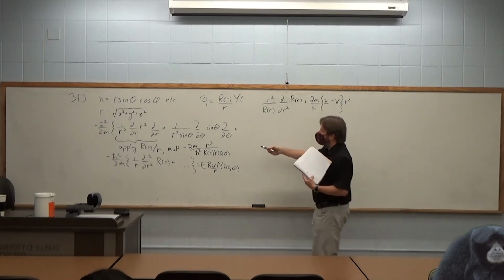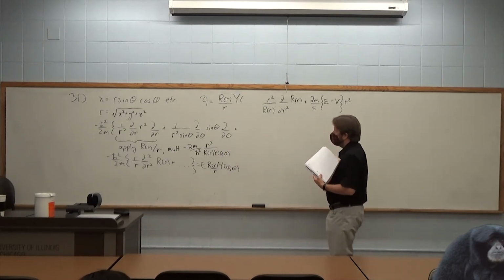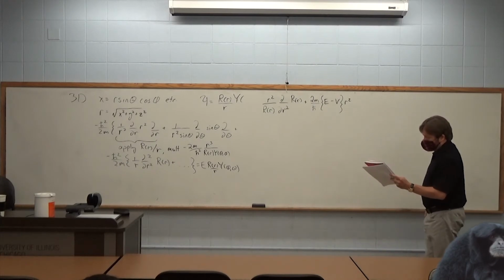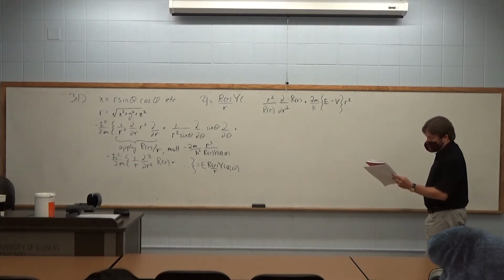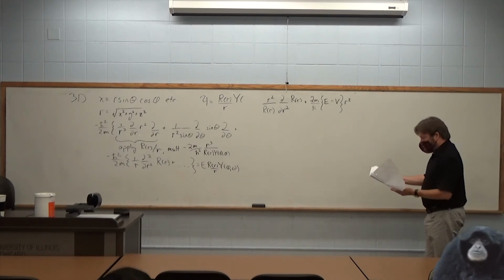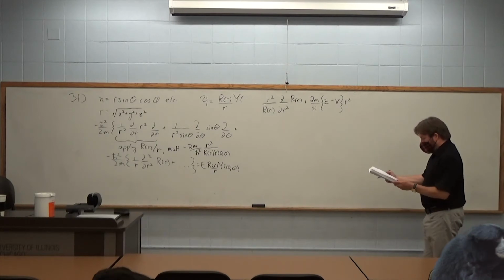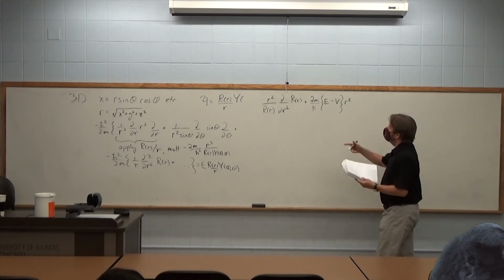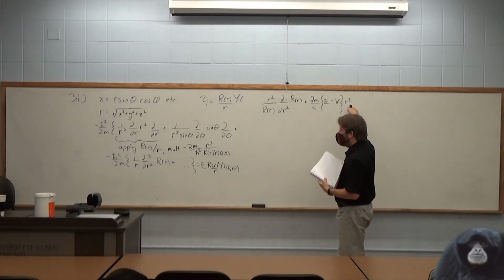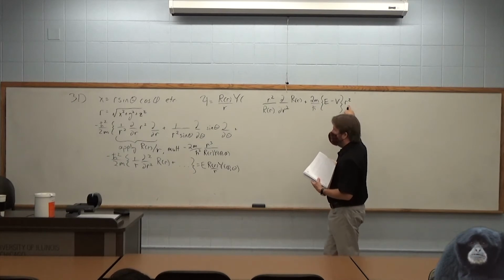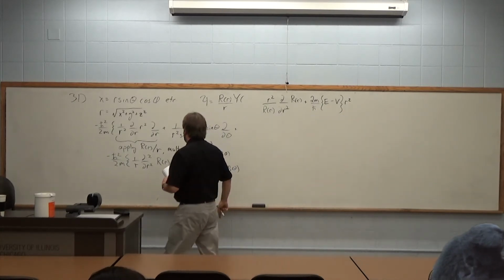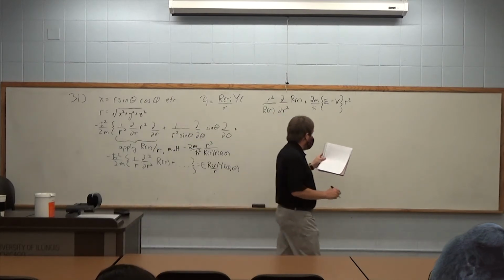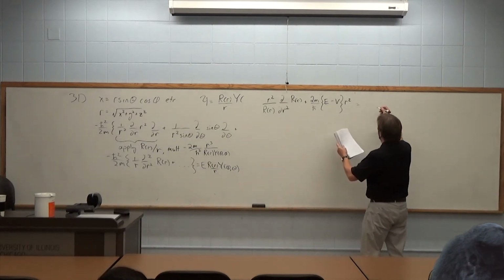Now I know I multiplied by r cubed, but maybe it's a mistake. Let me double check. Where did my 1 over r go? I feel like I'm missing a 1 over r. I multiplied by r cubed, but it's an r squared. It looks like I've lost a factor of r. Okay, hold on, I'll work on that. We'll figure it out.